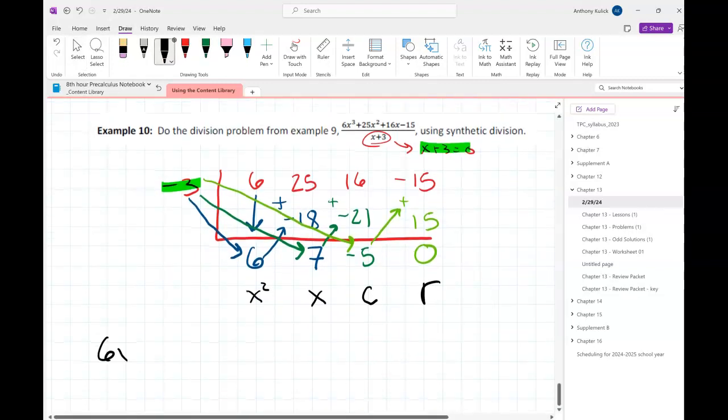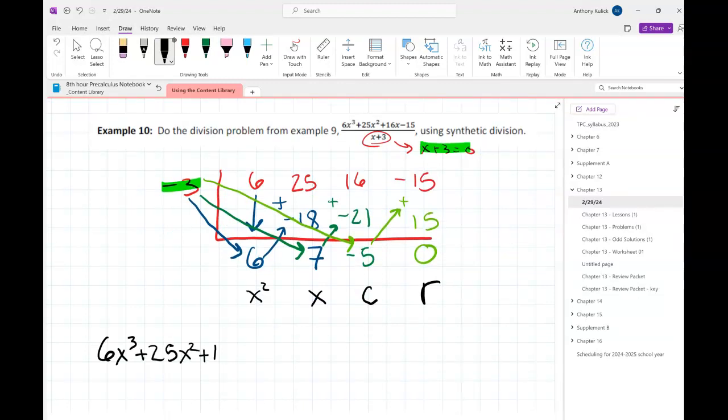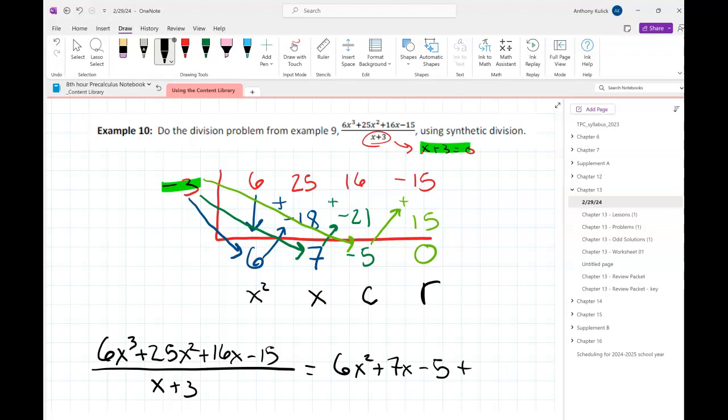So this problem, what we could say is that this equals 6x squared plus 7x minus 5 plus my remainder over the divisor. Do I really need that? No, I don't.